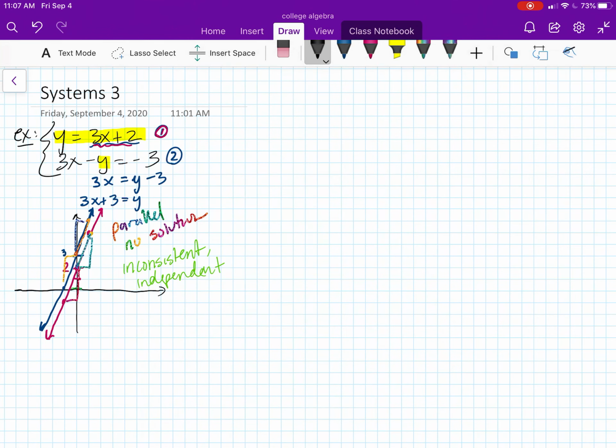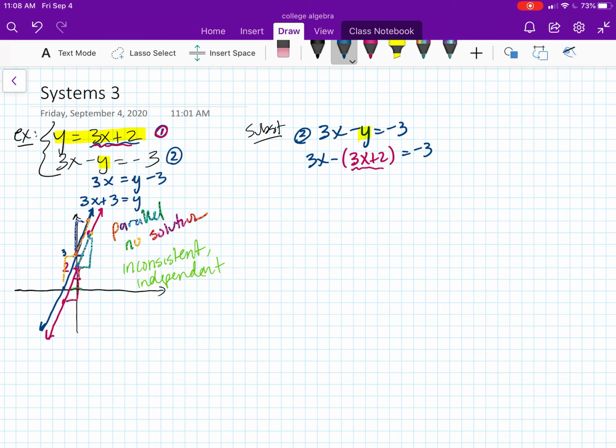Sometimes though, I don't want to graph this, too much work. So let's do the substitution method first. Like I said, if you substitute y equals 3x plus 2 into equation 2, which is 3x minus y equals negative 3, then I'd have 3x minus, and I'm going to write it in parentheses because it's important to note we are subtracting all of y, all of 3x plus 2.